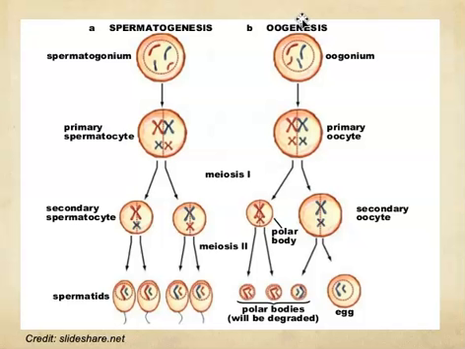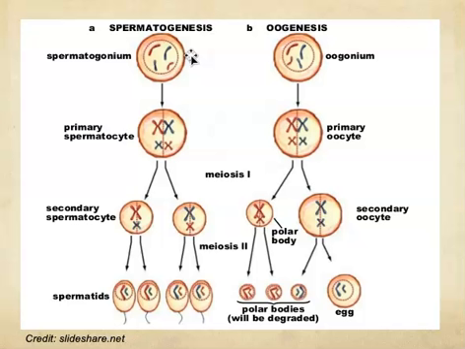Remember, something unusual happens in the female during the production of the eggs. Let's start over here on the male side. This is a parent cell. It's a stem cell, and its job is to go through cell division and produce sperm. The sperm have to be haploid.